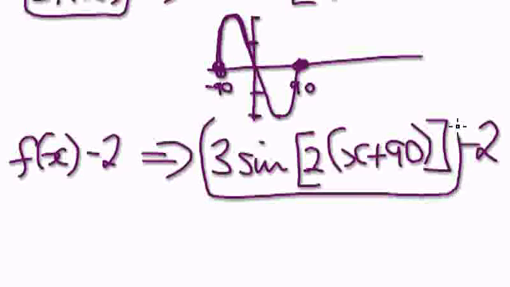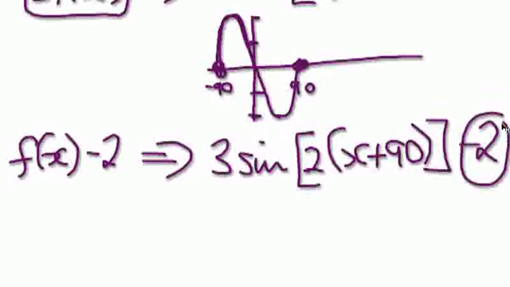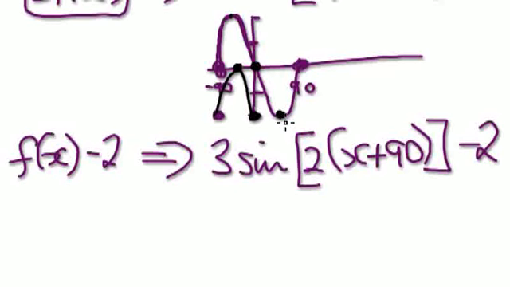Basically everything will remain the same, but then you subtract 2. Looking at this, this here is 0 at the moment. When you subtract 2, it will be down here. This here is 2, when you subtract 2, it will be here. This here was 0, so it will be down here. It will look something like this. This here was -2, so now it's -4, so it's going to be down here. This is 0, so it's going to be -2 here.